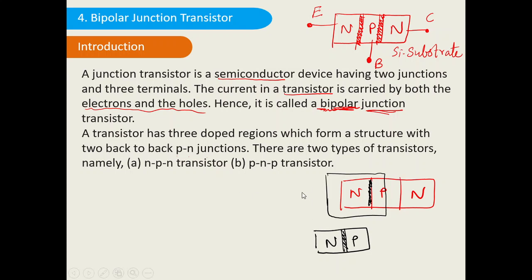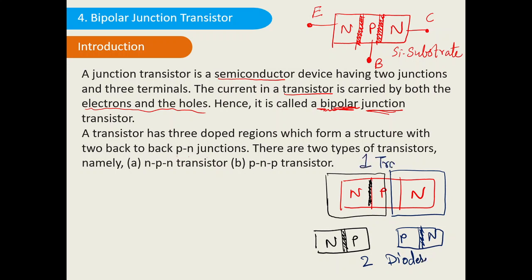Again, if I consider the other part, I will get this side P, and again there is a junction in between, and this side is N. So how many diodes am I getting? Two diodes. That means one transistor can be considered to be made up of two diodes.